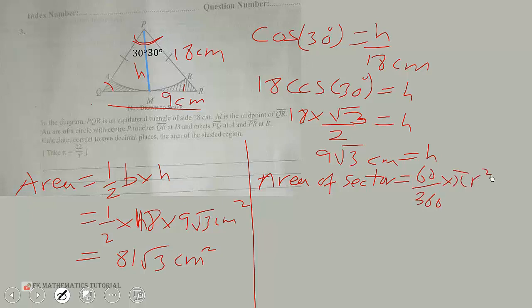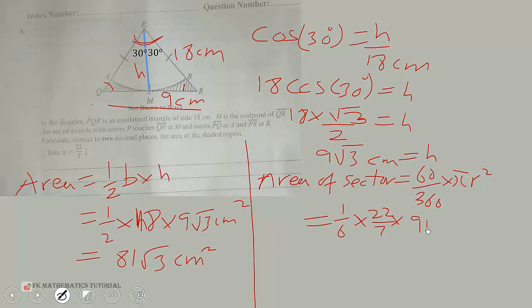The theta here is 60, so 60 over 360 will be 1 over 6 times 22 over 7 times r squared. The r is equal to the height of the triangle because it touches the circle here and it is coming from the center of the circle P. So it is equal to the radius of the circle. So the radius of the circle is 9 root 3.